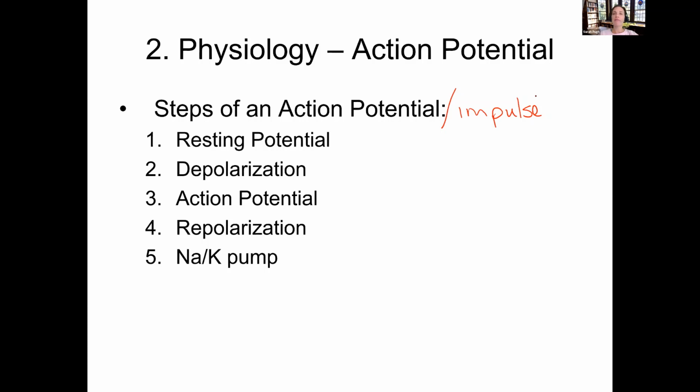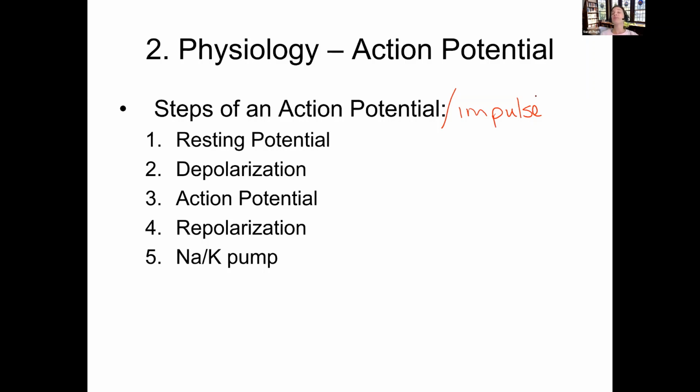So we have some membranes for cells in our body that are excitable. Neurons obviously are one, muscles are another. And in order for it to be excitable, to carry an action potential or an impulse, it has to have something called a resting membrane potential. So we're going to start with that.